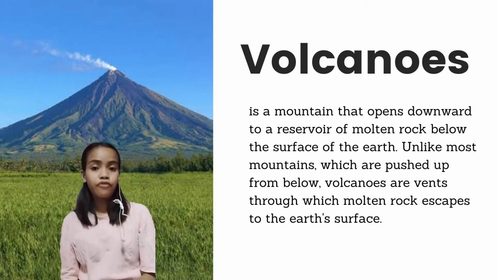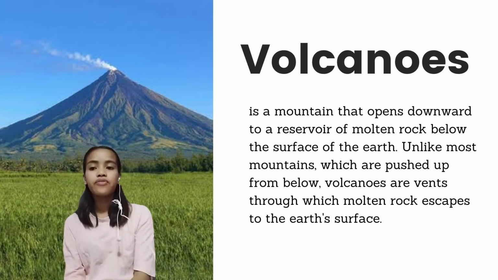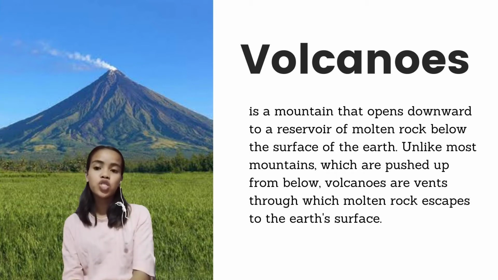Alright, so let us first define what volcanoes are. Volcanoes are mountains that open downward to a reservoir of molten rock below the surface of the earth, unlike most mountains which are pushed up from below. Volcanoes are vents through which molten rock escapes to the earth's surface.